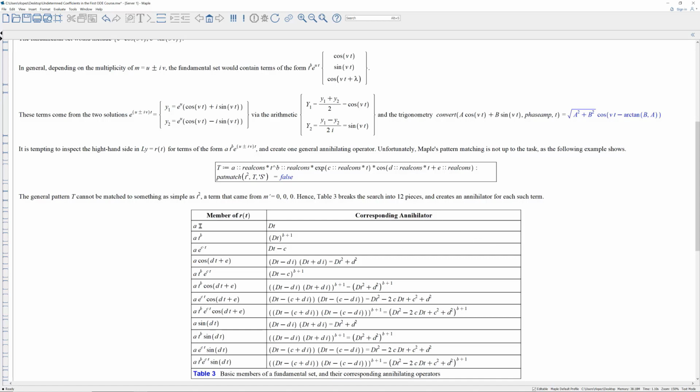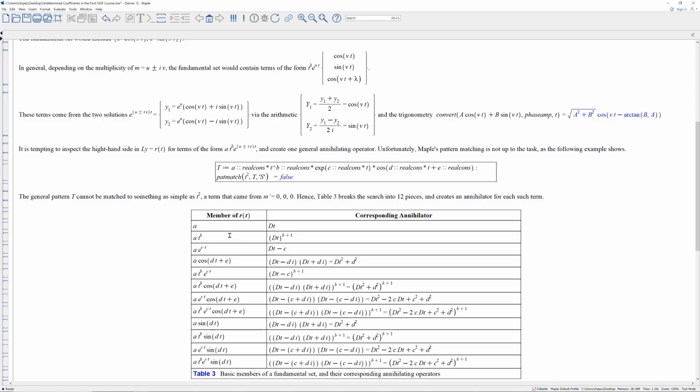If you have a constant, the annihilator, and I will be using this dt, and you will see why I use dt momentarily. There is a collection of tools in the DE tools package that deal with construction of differential operators, and they use the notation dt.